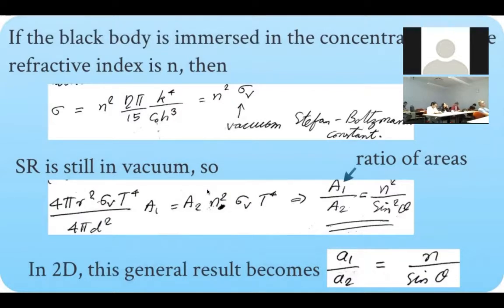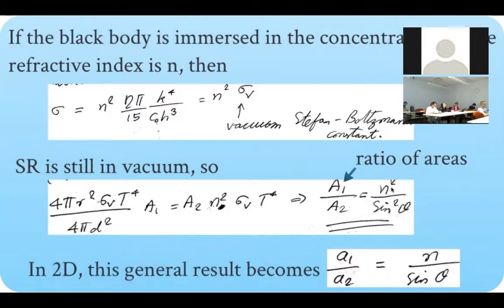Now, if you look at the concentration factor, A1 over A2, it becomes n squared divided by sine squared theta. This is quite interesting because simply by immersing the black body of the receiver, the solar cell for instance, in a material of refractive index n, you can increase the concentration factor by a factor of n squared, which can be a big deal.